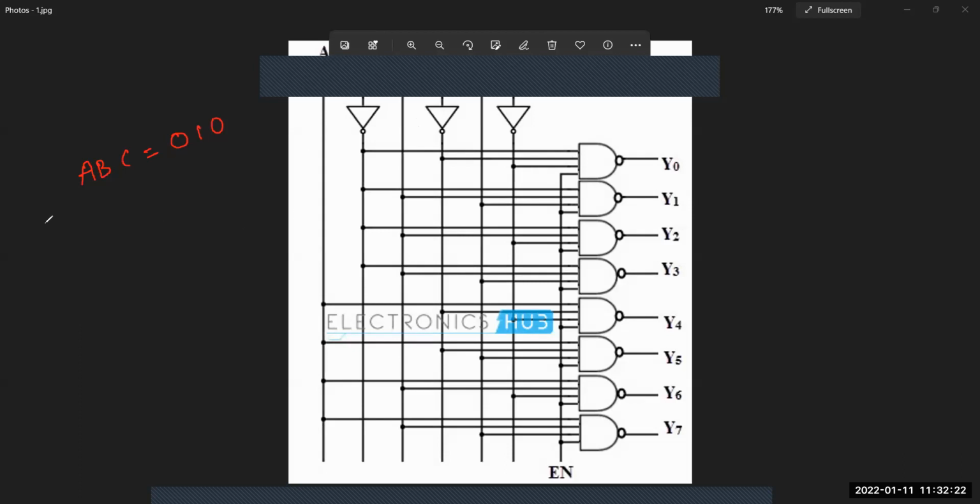Similarly, suppose ABC equals 1 1 0. Which AND gate has the high inputs?